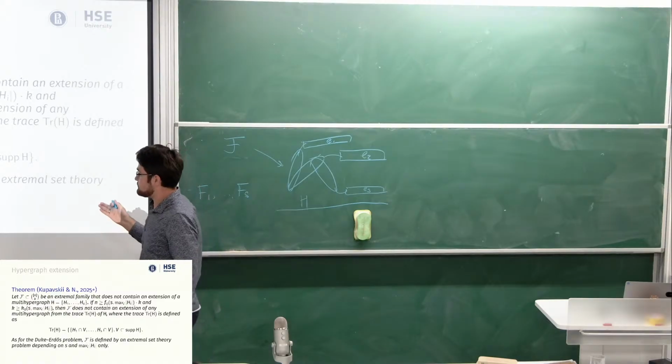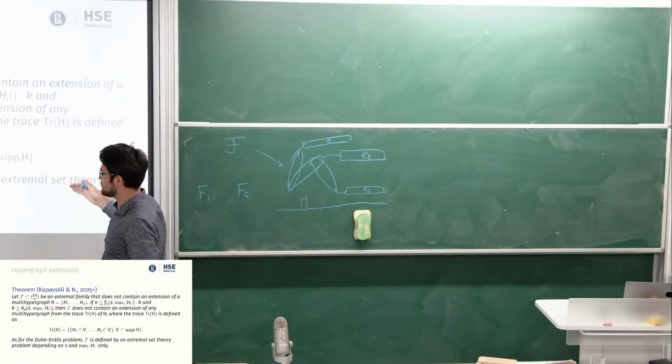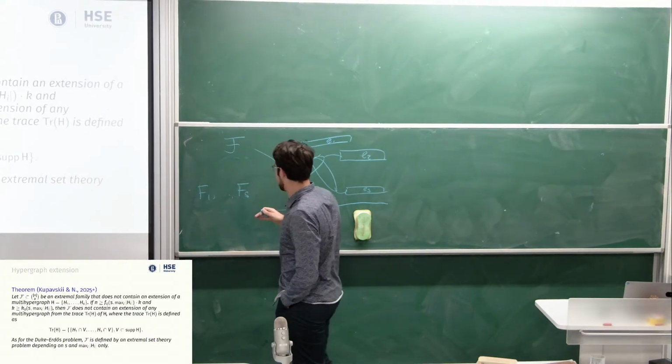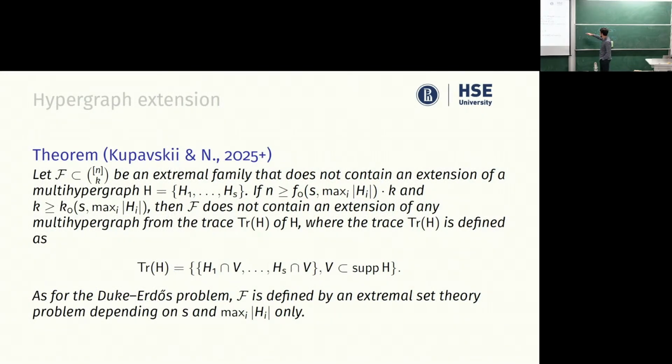As in the case of the Duke-Erdős problem, we cannot hope to say something simple about F, such as that it is a trivial t-intersecting family or something else, but we could guarantee that an extremal family F doesn't contain a trace of the hypergraph H. So what is the trace of a hypergraph?